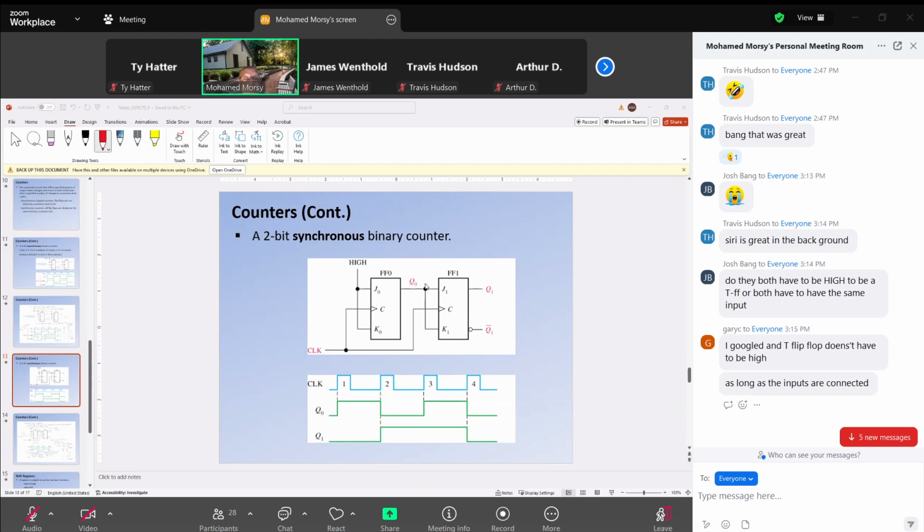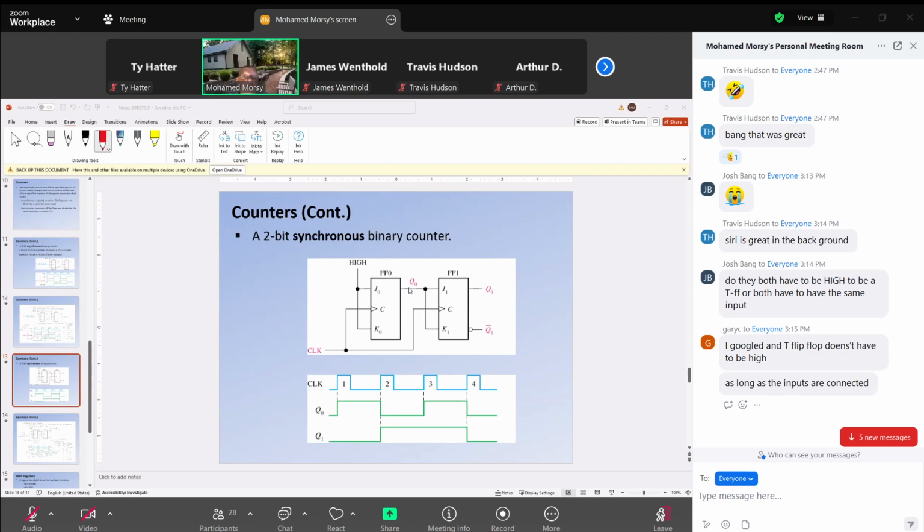So this looks tricky. J1 and K1 are connected to Q0, but Q0 can be 1 or 0. So it is not always a T flip-flop or always a JK flip-flop. It depends on Q0. If Q0 is 1, J1 and K1 of FF1 work as a T flip-flop, and the output will toggle.